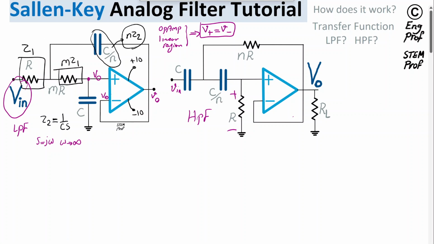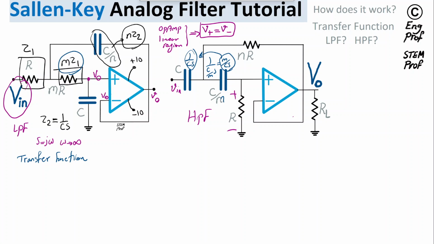So I would like to find the transfer function of the general form. In this case, as you can see, we have Z1, M times Z1, and that is also valid here. So in this case, we have Z1, which is 1 over CS, the impedance of this cap. And we have the impedance of the second cap to be 1 over C over MS, which means M over CS, which indicates that this impedance is M times compared to the first cap, same as what we have here.